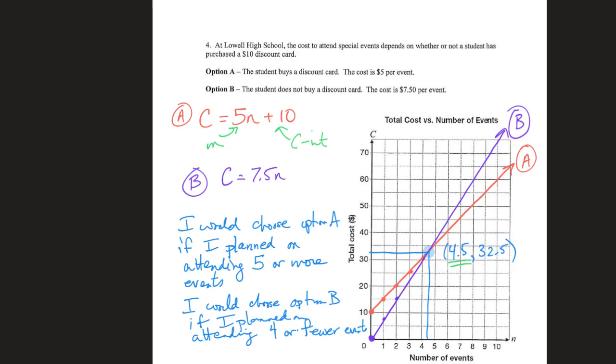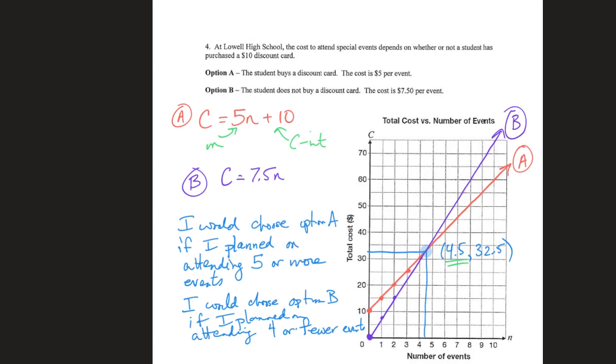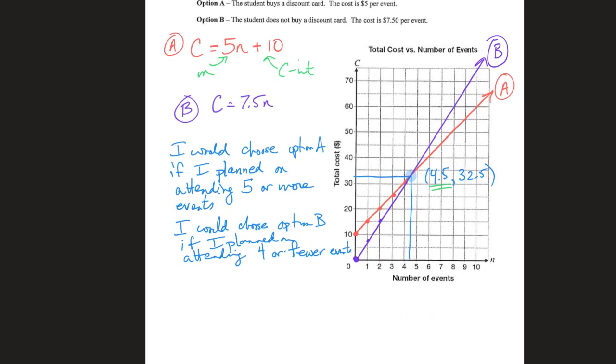Now, I need to make sure that we're very good in terms of our wording and that we don't think that we're saying something that we're actually not. So, let's make sure that we're good. And I'm going to flip back to something. Take a look at how I just worded the last one. I would choose option B if I planned on attending 4 or fewer events. Are we good that if I had said fewer, or if I had said less than 4, that I would be incorrect?